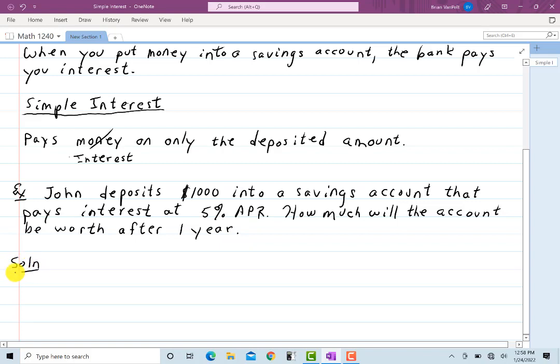So he puts in $1,000, and we've got to figure out how much interest he's going to get for that year. So the interest looks like this. That's going to equal 5% of $1,000. I'm going to drop the symbols right now, and I'll just put the numbers. So that's 0.05 times 1,000, and that equals 50.